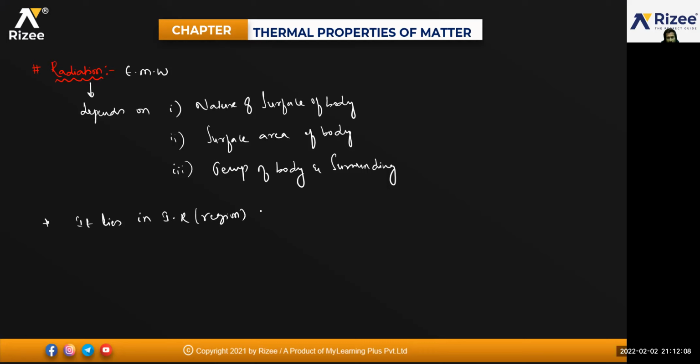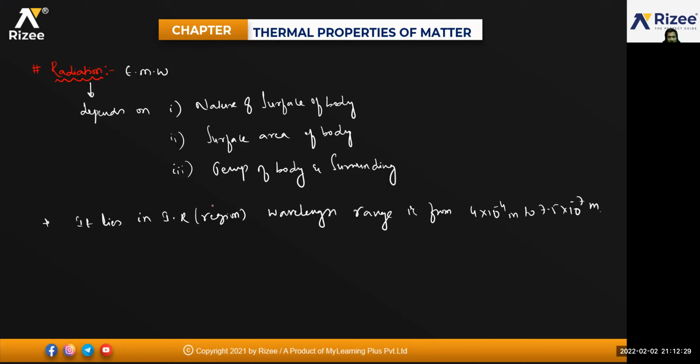The wavelength range is from 4 into 10 to the power of minus 4 meters to approximately 7.5 into 10 to the power of minus 7 meters. This is an important point, beta.